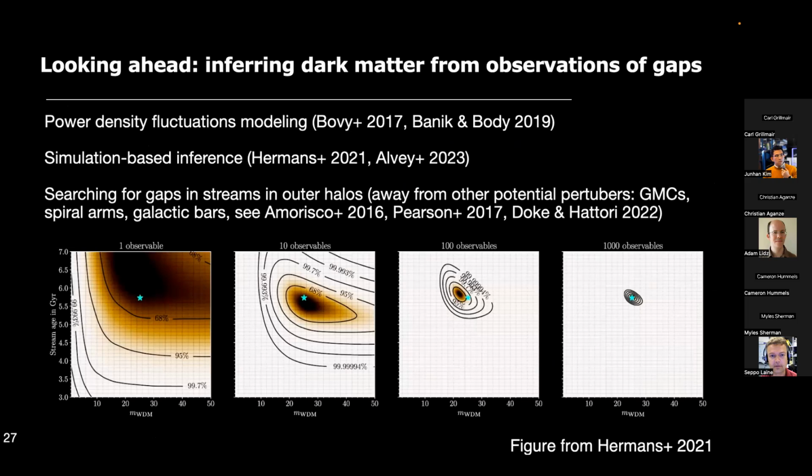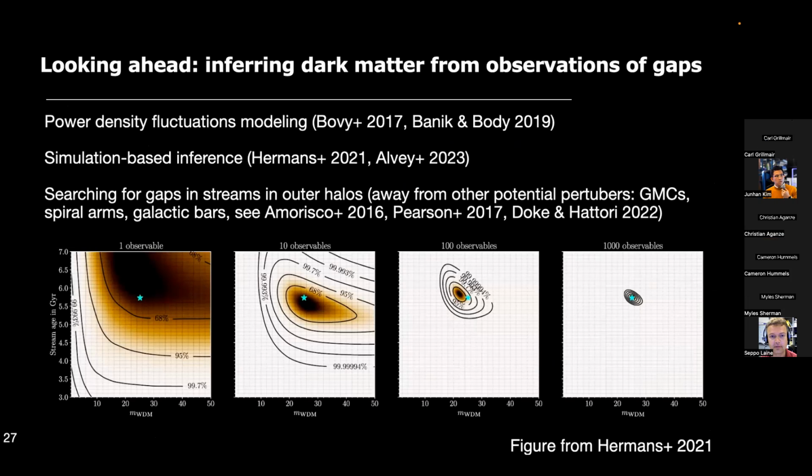Mm-hmm. Thanks. Do any of these streams have RR Lyrae variables, or do you have any distance information? Which streams? All the ones in the Milky Way, I guess. Great to have that for the galaxies as well. That's a good question. Yeah, I don't actually know. So this is for precise distances in these streams.